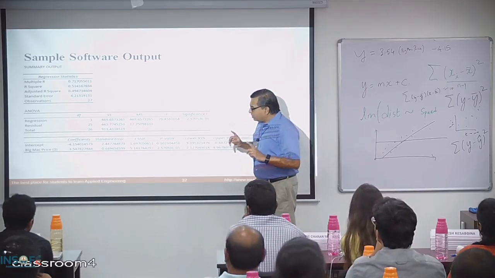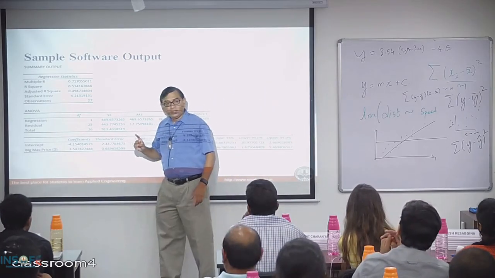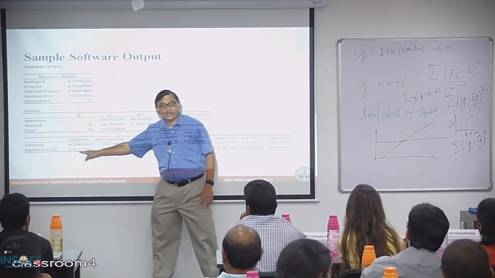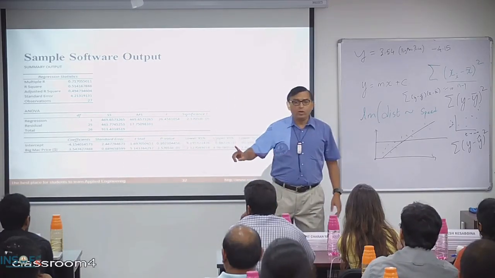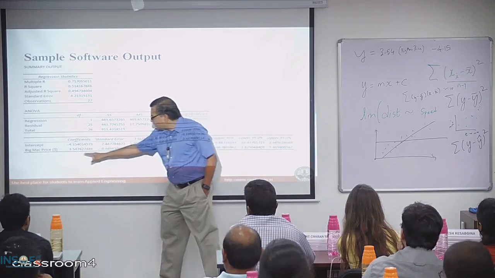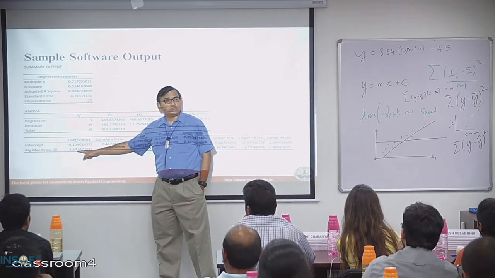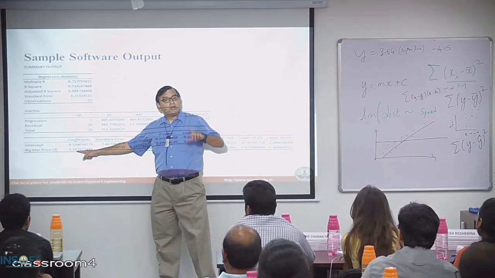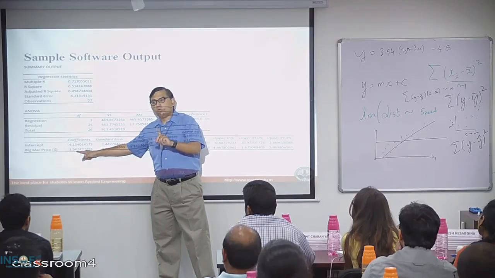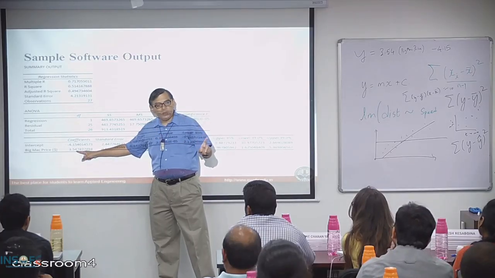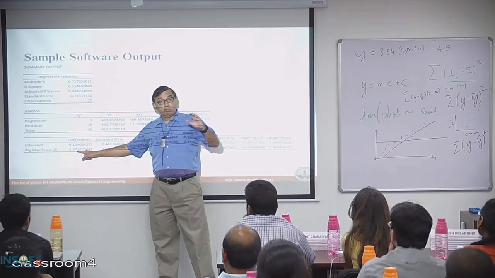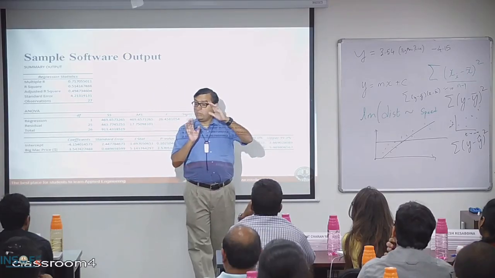Let's start by looking at the values next to the slope. So 3.54 is the coefficient. I mentioned that this coefficient is the estimate of the population mean value of the slope.